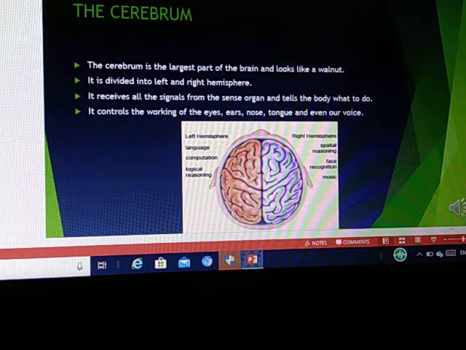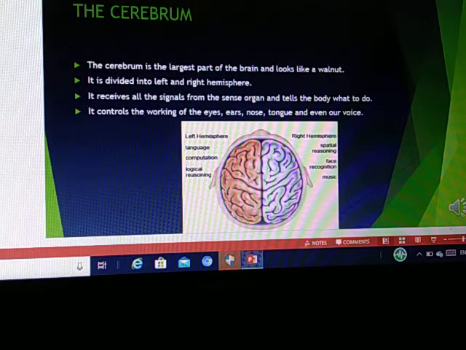Now the cerebrum is responsible for learning, thinking, reading, reasoning, and consciousness. These five functions are carried out by the cerebrum. So the cerebrum's function is to learn, to think, to read, as well as reasoning.